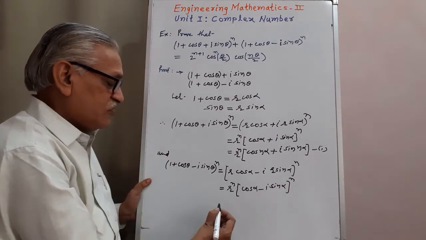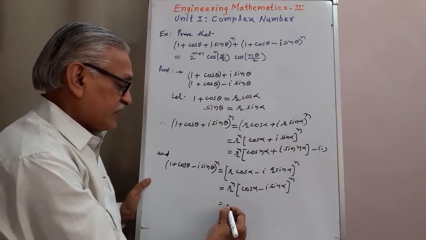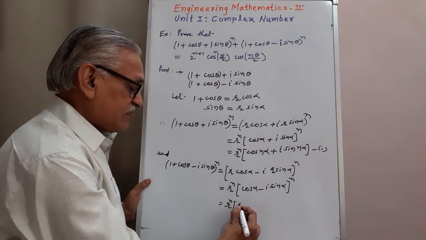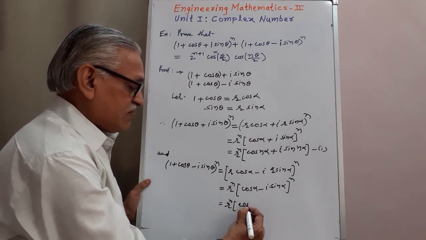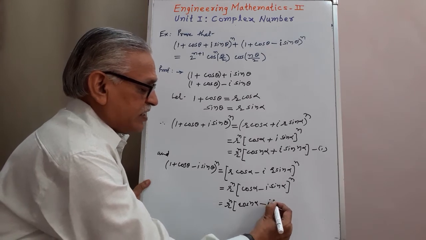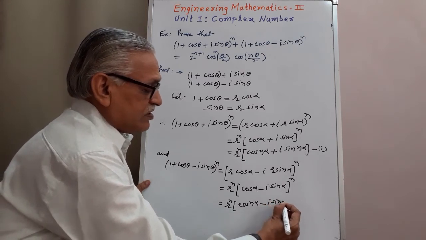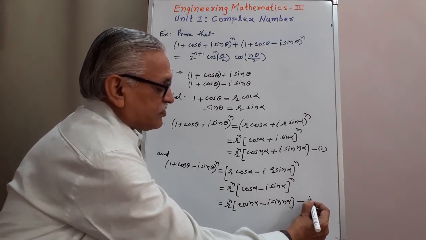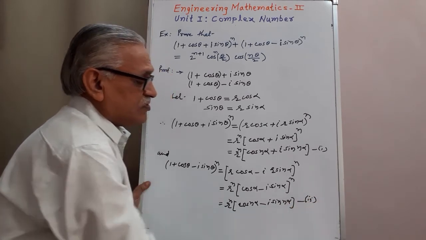Applying De Moivre's theorem, we get r^n (cos nα − i sin nα). We call this equation 2.